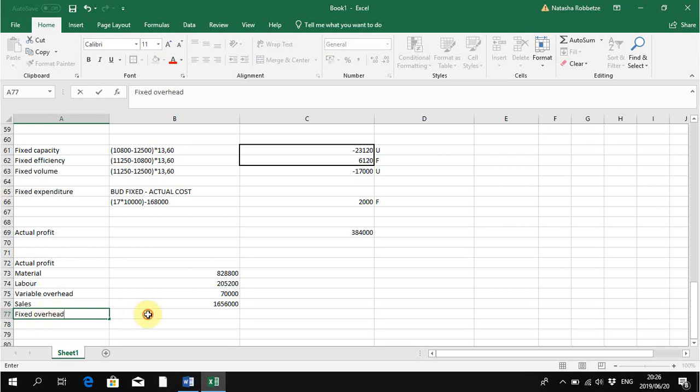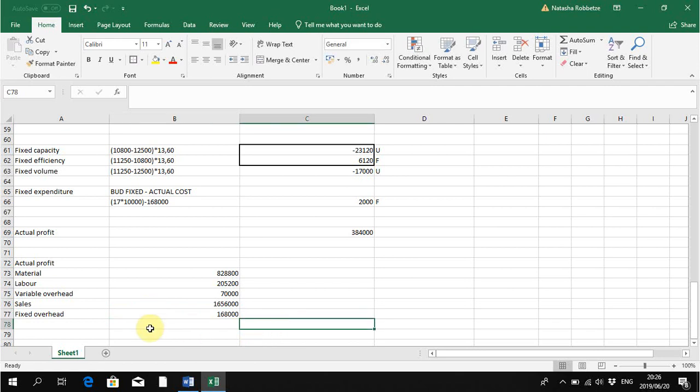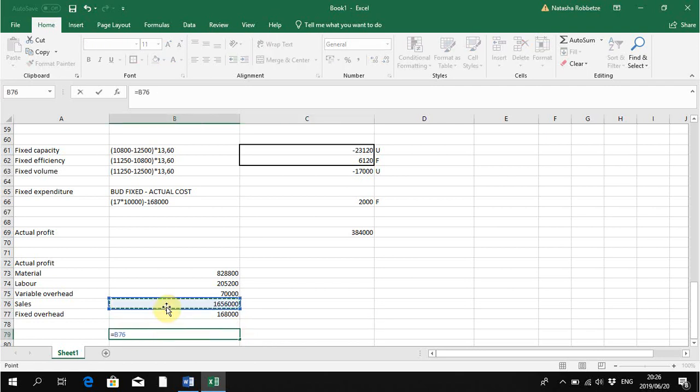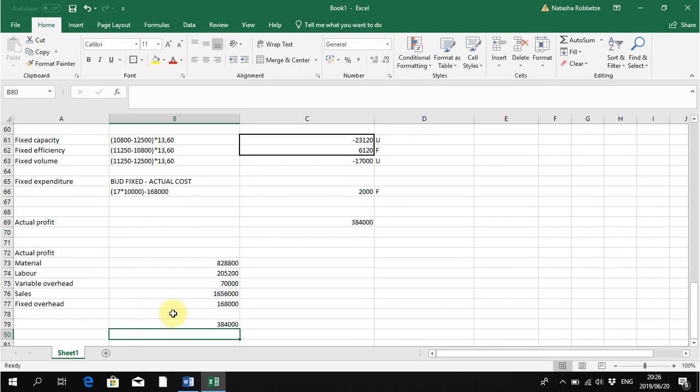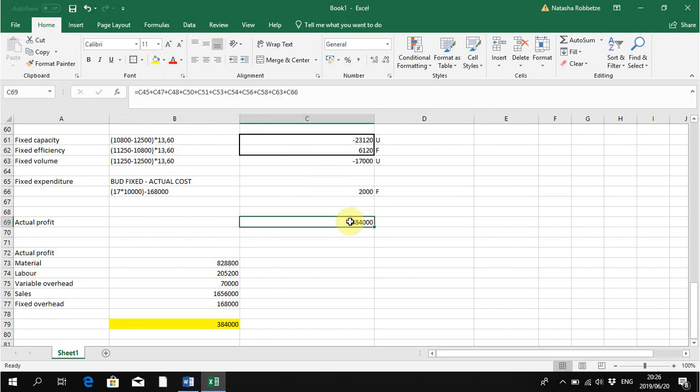The fixed overhead was given as 168,000 for the actual result. So I can just calculate the actual profit by saying it's the sales minus all the costs: the material, the labor, the variable overhead, the fixed overhead. And you will find that this answer corresponds with the actual profit calculated by adding and subtracting all the different variances.